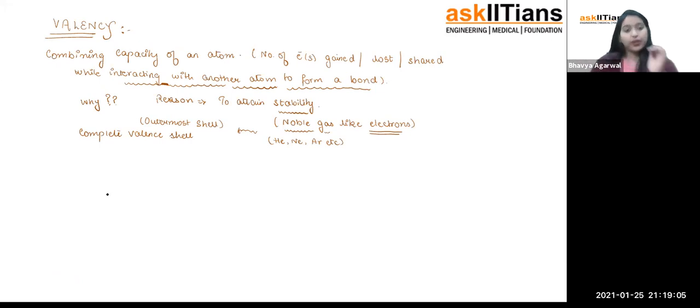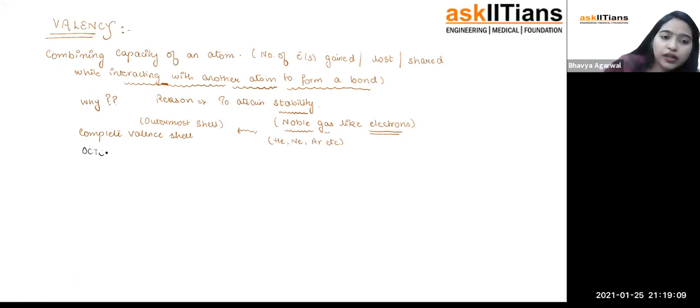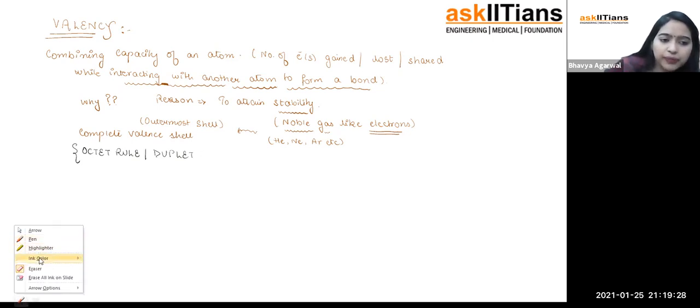So see, this part we also call the octet rule. We call it the octet rule or duplet rule. So what does that mean?